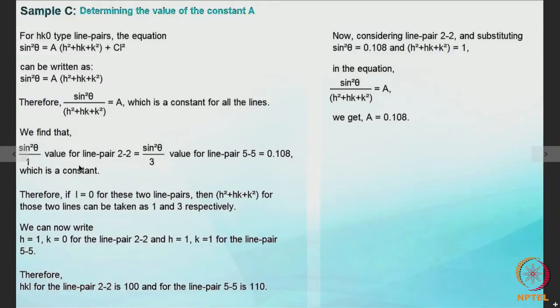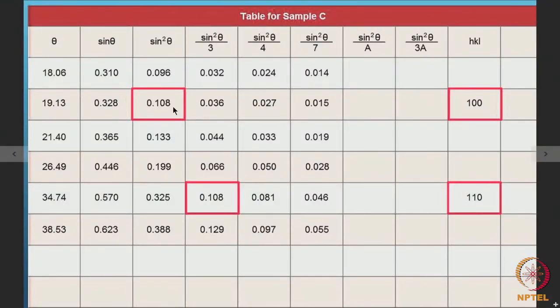Therefore, if l is equal to 0 for these two line pairs, then h square plus hk plus k square for these two lines can be taken as 1 and 3 respectively. So, once we do that, if h square plus hk plus k square is 1, that means the line will be 100, and for line pair 5, h square plus hk plus k square is equal to 3, that means it will be the line 110.